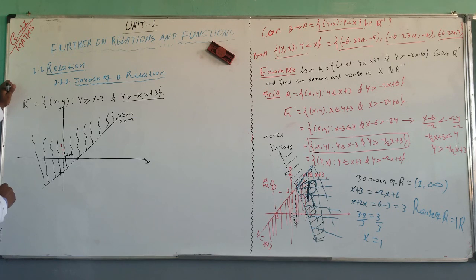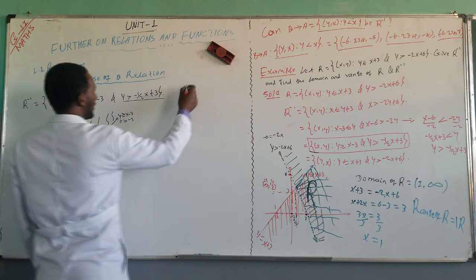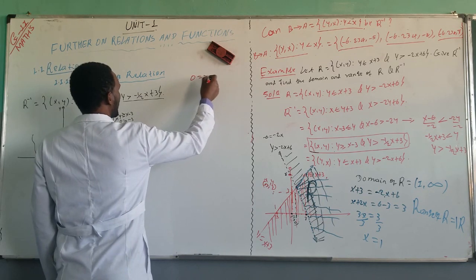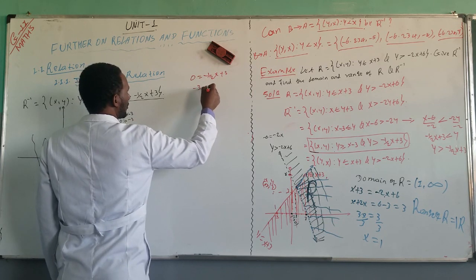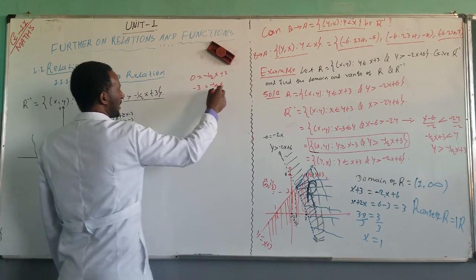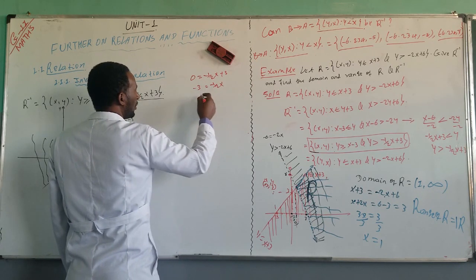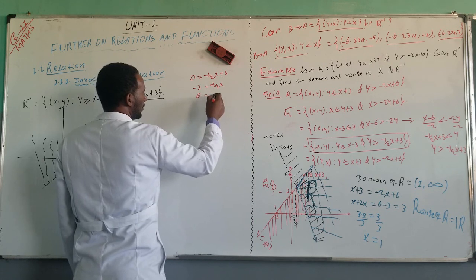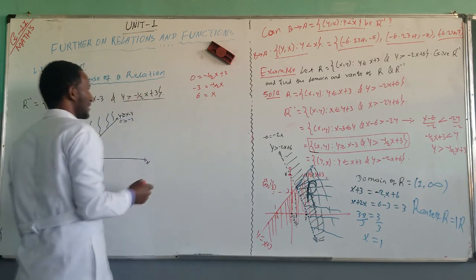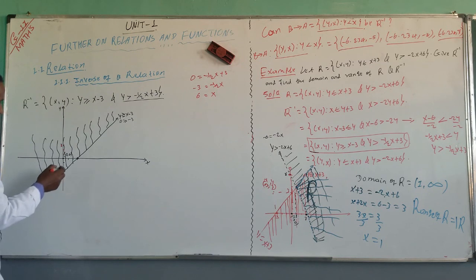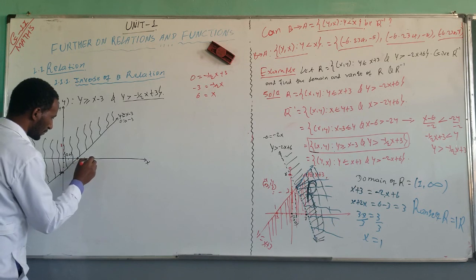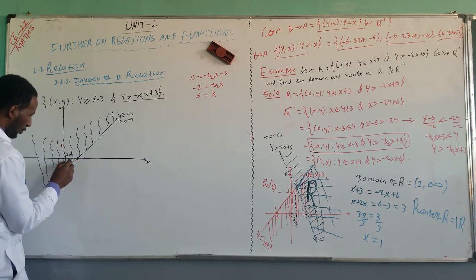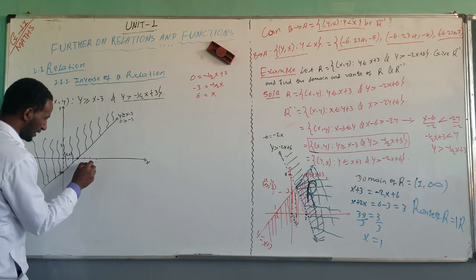For the x-intercept, we substitute 0 in place of y: 0 is equal to negative 1 over 2x plus 3, so negative 3 is equal to negative 1 over 2x. Multiplying both sides by negative 2, we get 6 is equal to x. So x is at positive 6.